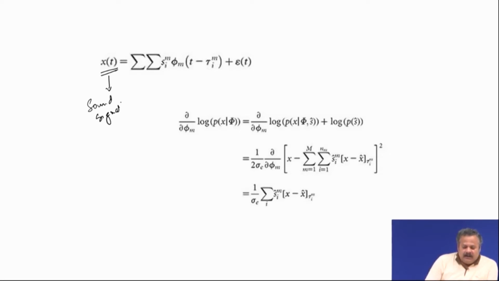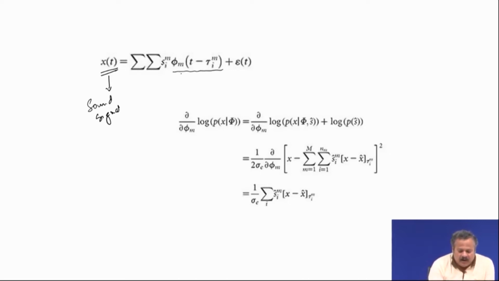Earlier in the visual systems work, we had static images.